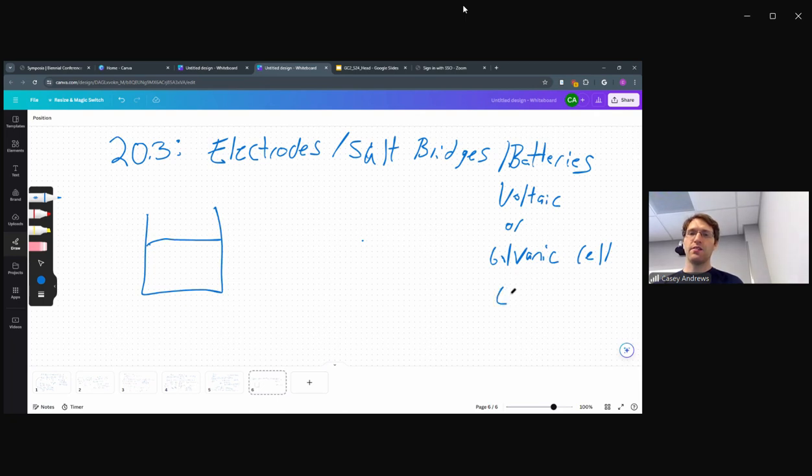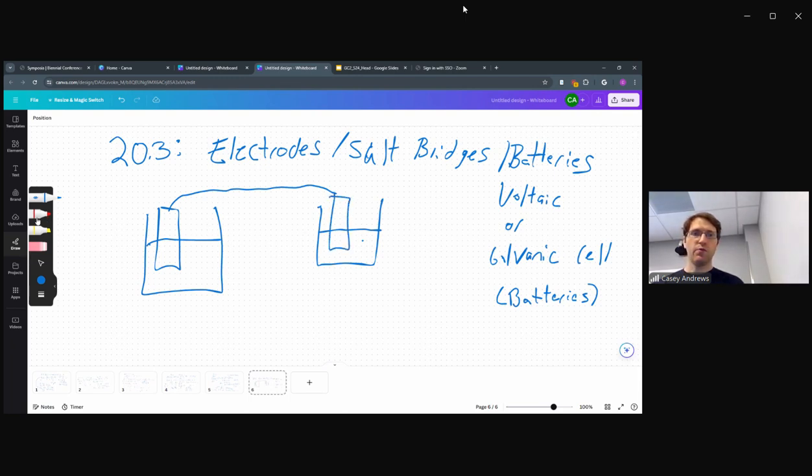They are very crude batteries. So I'm going to draw my picture and then I will label it. And then I want a little bridge here.